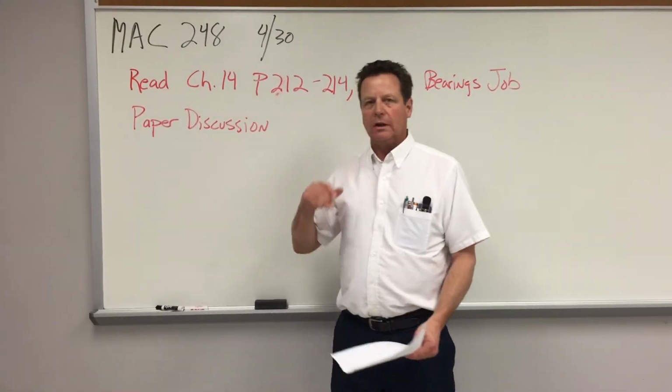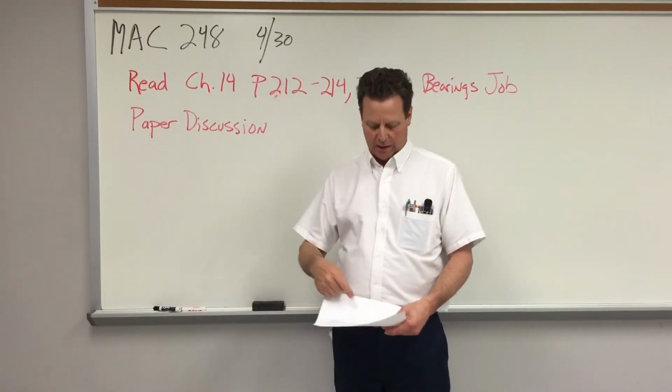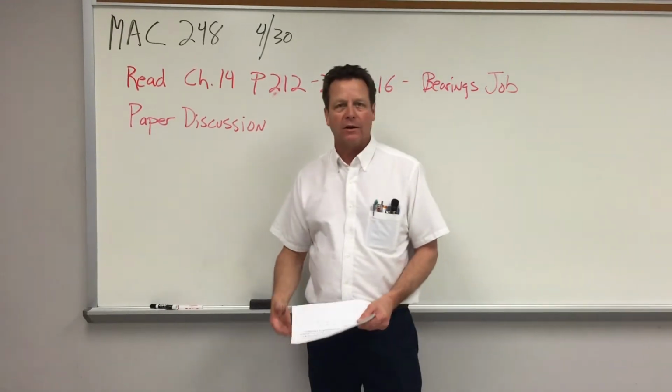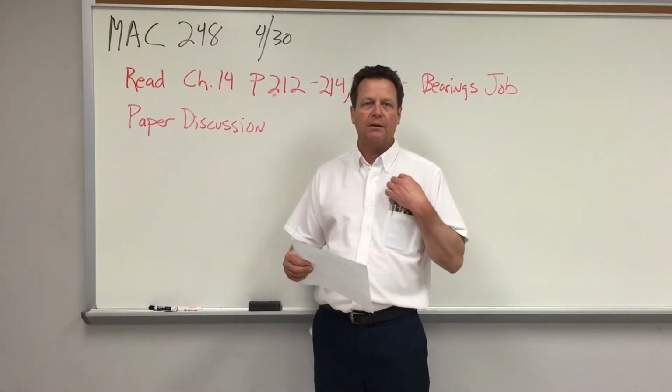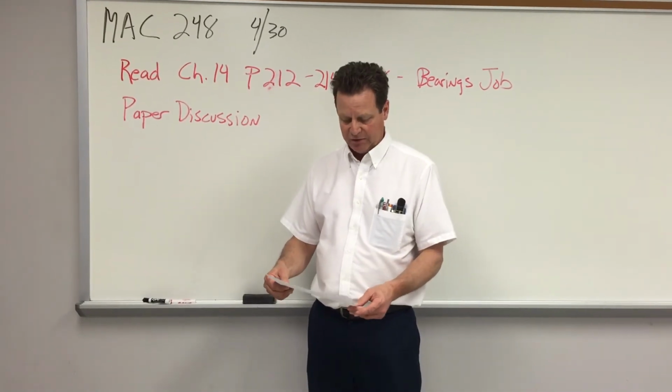If you're a real good paper writer, you can freelance it and satisfy that and teach me something. I'm not going to penalize you for that. I'm here to learn, and I learn a lot of things from my students.